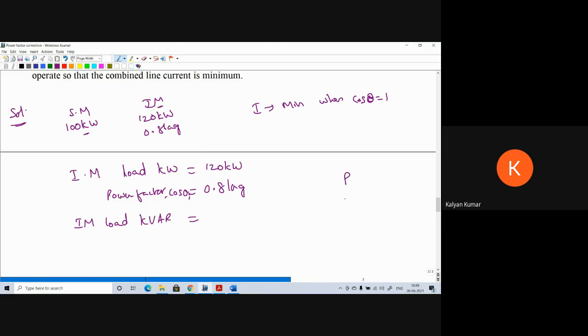We need P and Q. Q equals VI sin theta, P equals VI cos theta. So VI can be written as P by cos theta, into sin theta. What is sin by cos?